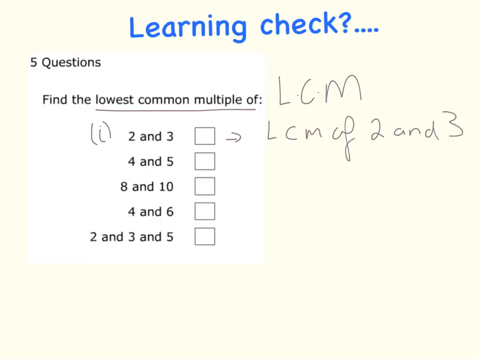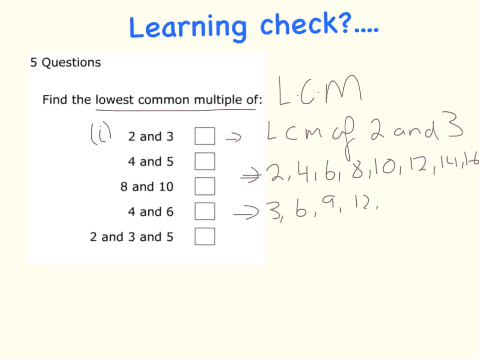I'm going to start off by doing my multiples. 2, 4, 6, 8, 10, 12, 14, 16, okay, and then I'm going to do the multiples of 3: 3, 6, 9, 12, 15, 18, 21, okay. I have a good few multiples listed out there.